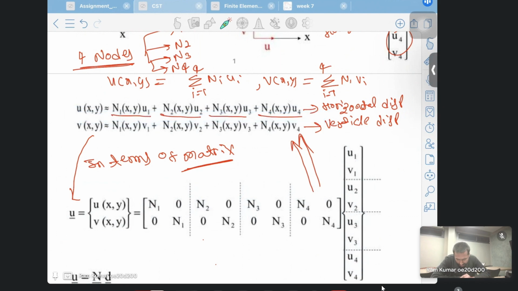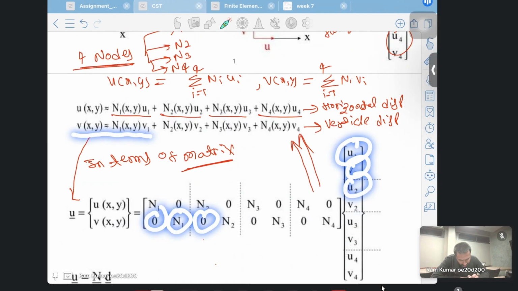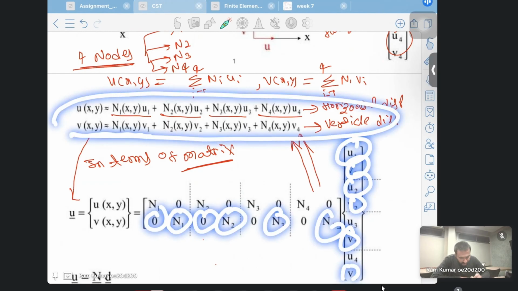Similarly, in the case of vertical displacement, we don't have u, but N1 v1 yes, then 0 for u2, then N2 v2 yes, similarly N3 v3, N4 v4. So this expression we can write in this way.